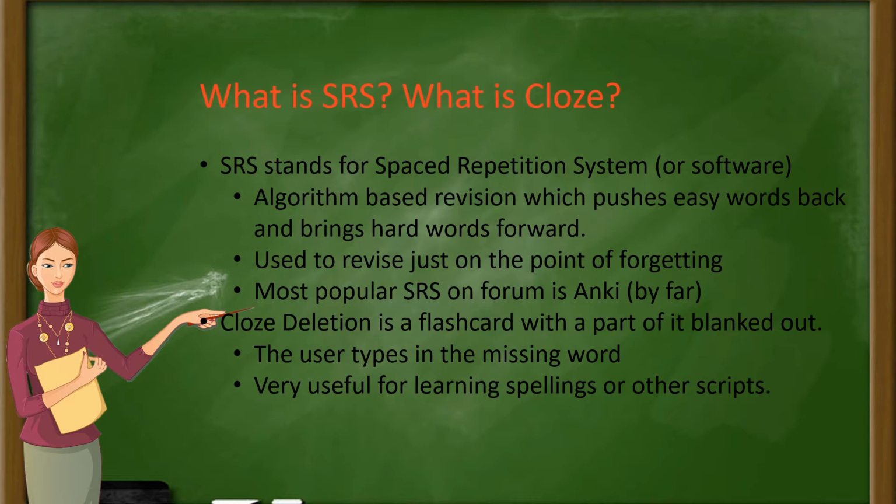Now, what are cloze deletion cards? Cloze cards or cloze deletion cards are just flashcards where you're required to type in the answer. Cloze cards are especially useful if you're using a different script or an alphabet from your native language, or you just want to practice spelling.